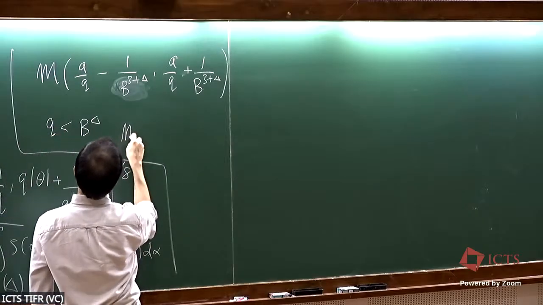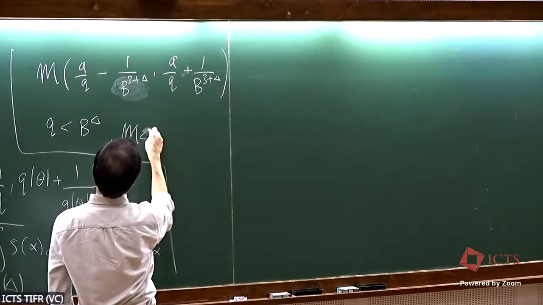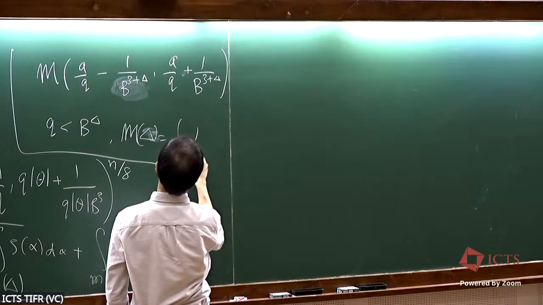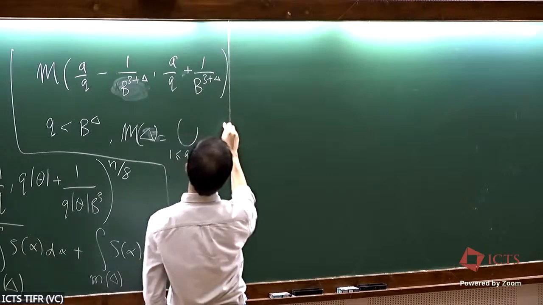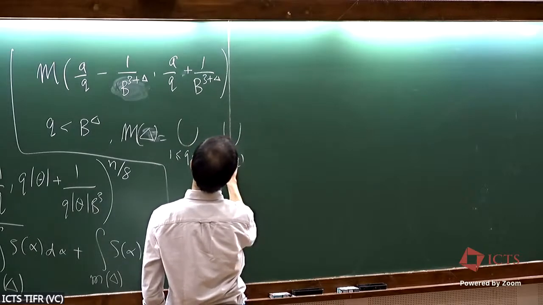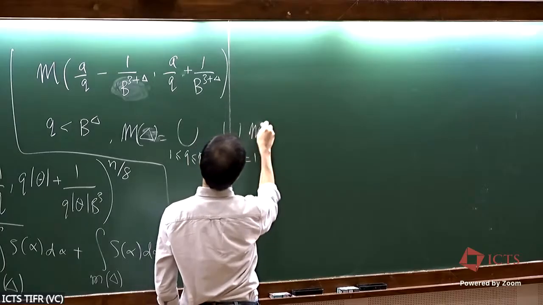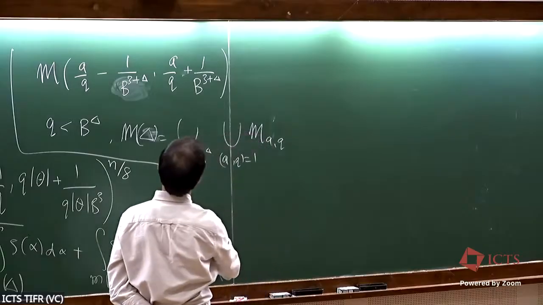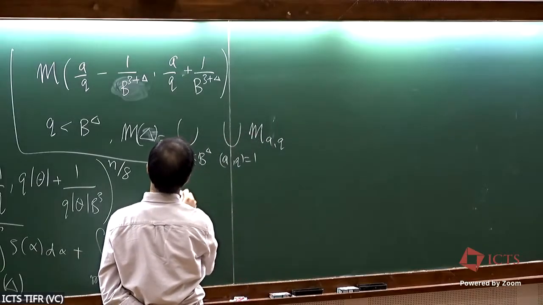So the major arc is the union over all of these q's going up to B to the delta, over all the a's, of M(a,q), and then the rest of it is the minor arc.